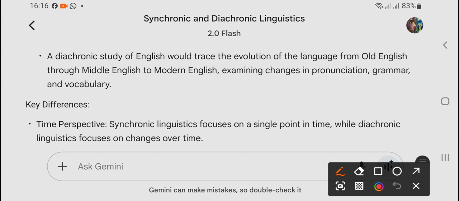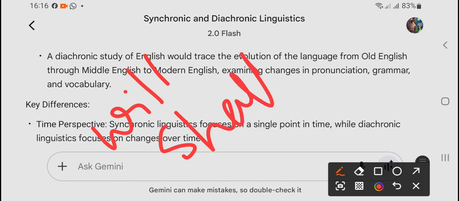So that's how you can give the example of will and shall. Once upon a time, shall was used for the singular and will for the plural.